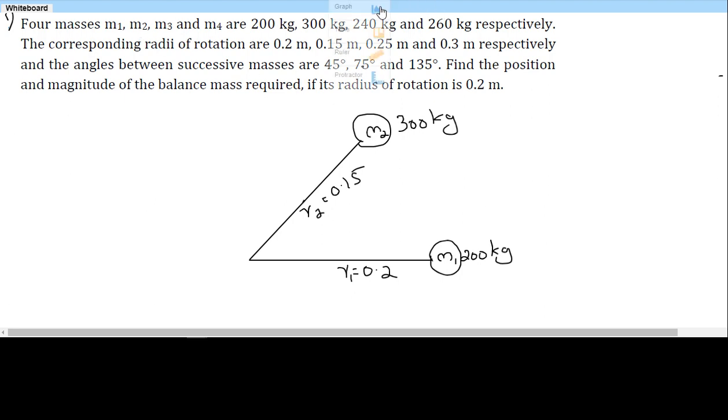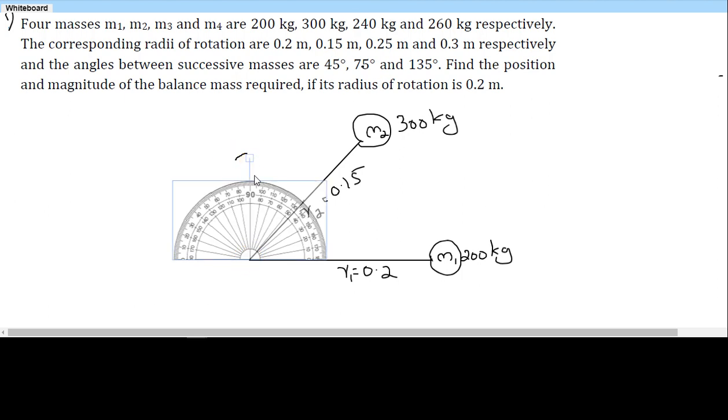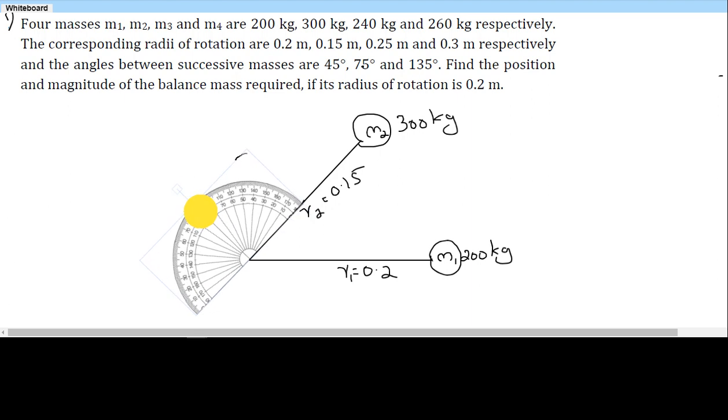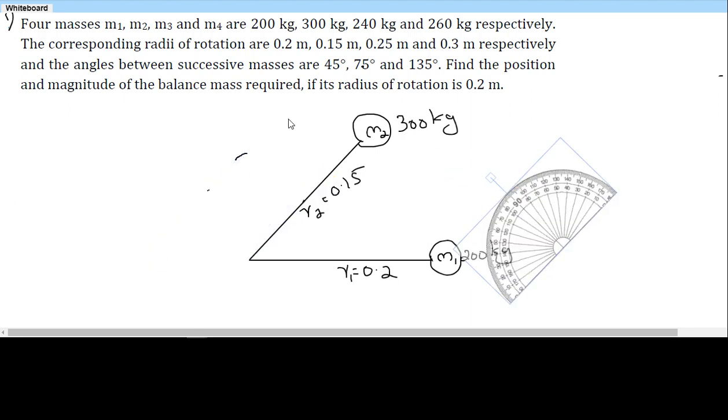So again taking the protractor, placing it at M2 because the angle between M2 and M3 is given as 75, and marking 75 somewhere around there.